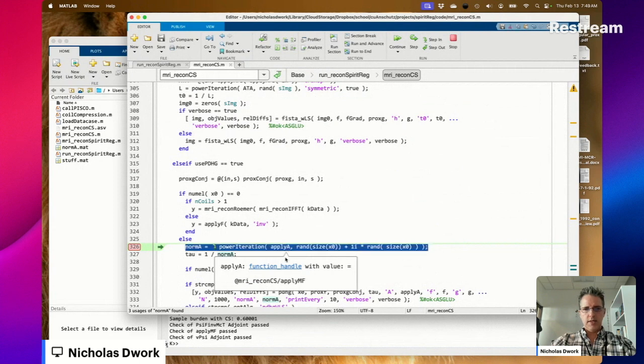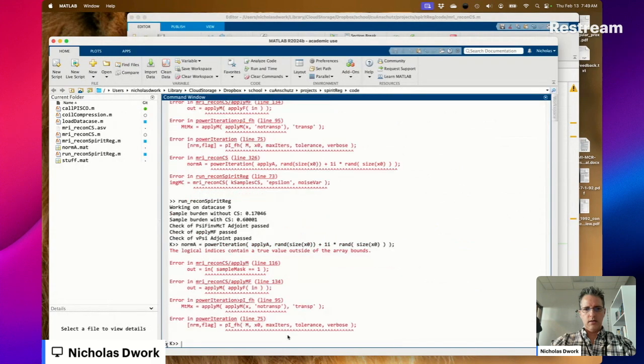Seems like it should work, doesn't it? The logical indices contain a true value outside of the array bounds.